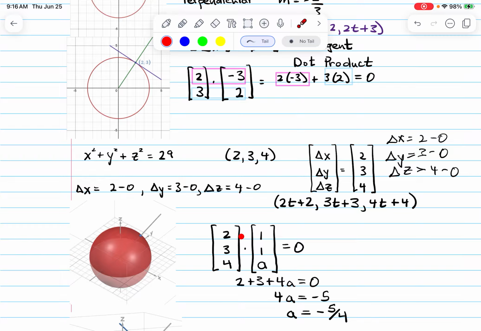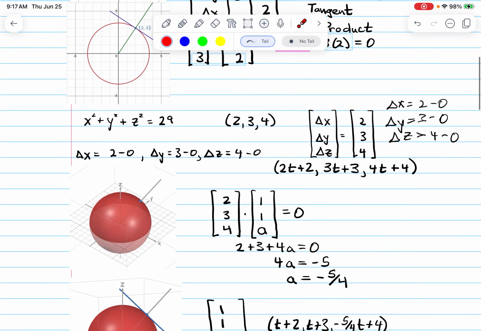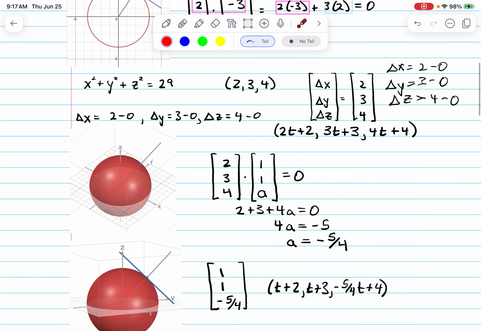Let's do the dot product. 2 times 1 is 2. 3 times 1 is 3. Okay, 2 plus 3 plus 4 times a. And then I solve this and I get negative 5/4. So now what we have is our new inputs.